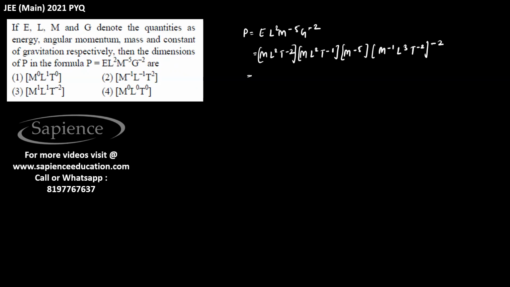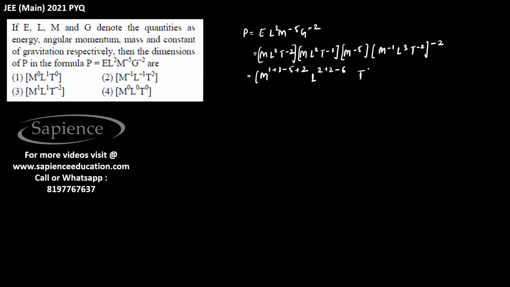Let's calculate all of them. So m total: 1 is here, another minus 5, and this is minus 1 into minus 2, which is plus 2. While in the L case it will be 2 plus 2. Here there is nothing, so it will be minus 6. 3 into minus 2 is minus 6.